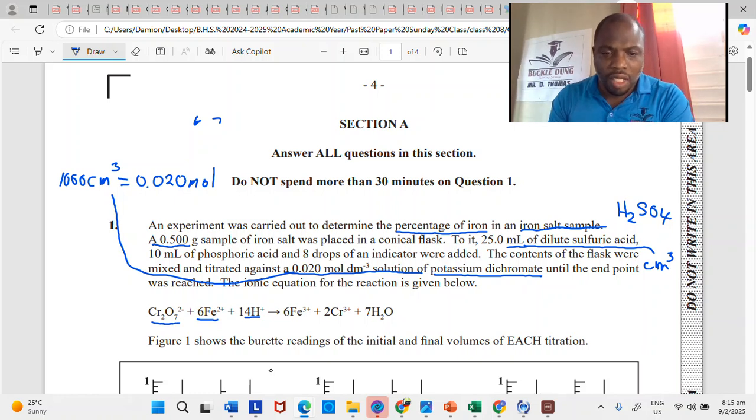And I want you to remember when we dealt with moles, we said that if we look in front of the compounds and we see a number, that number represents the coefficient. That coefficient in terms of moles really tells you how many moles of the substance you have. So how many moles of dichromate do we have?